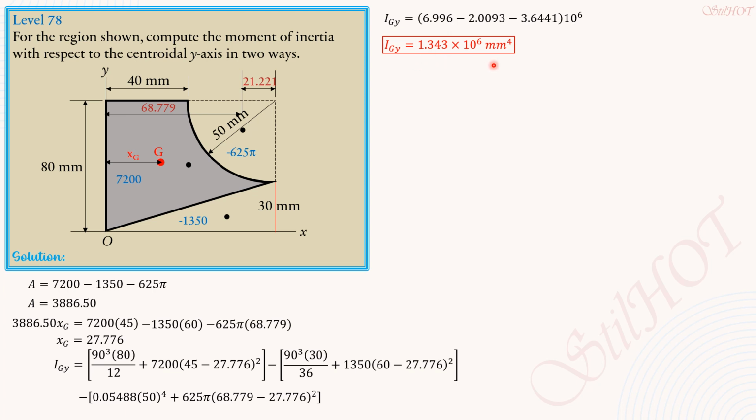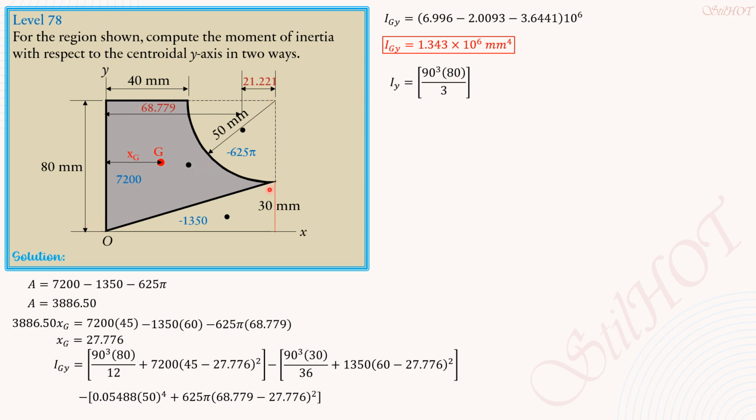Then the other way, so that we can verify that that is correct, we compute Iy first, then equate Iy as Igy plus area xg squared. For the moment of inertia of a rectangle with respect to the y-axis, which happens where this 80 mm coincides with the y-axis, it is just 90 cubed times 80 over 3. So Iy equals 90 cubed times 80 over 3 for this rectangle.